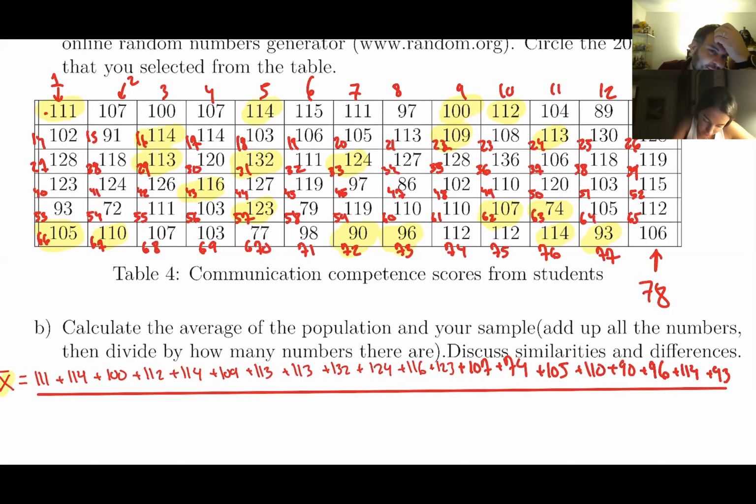All right, so those are all of my numbers that I have to still add. And then what you want to do, you divide it by however many numbers we have. Since I randomly selected 20 numbers, this should be 20. So let me take a minute and do that right now.